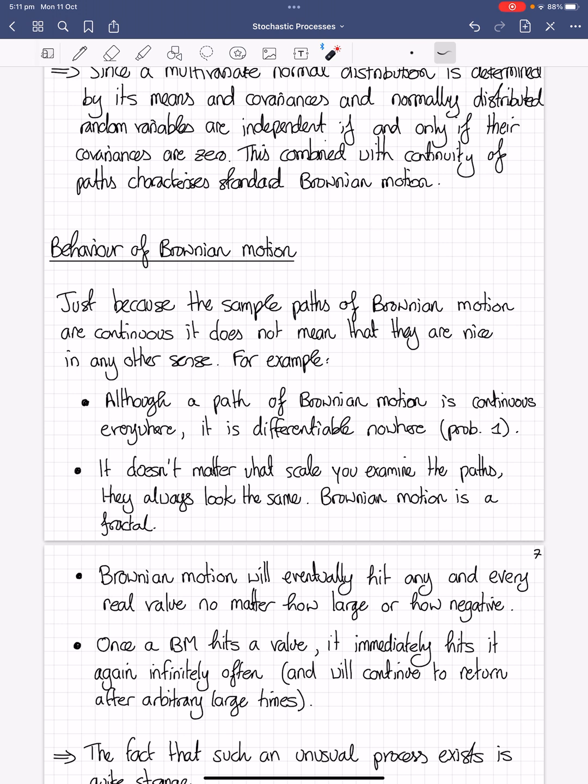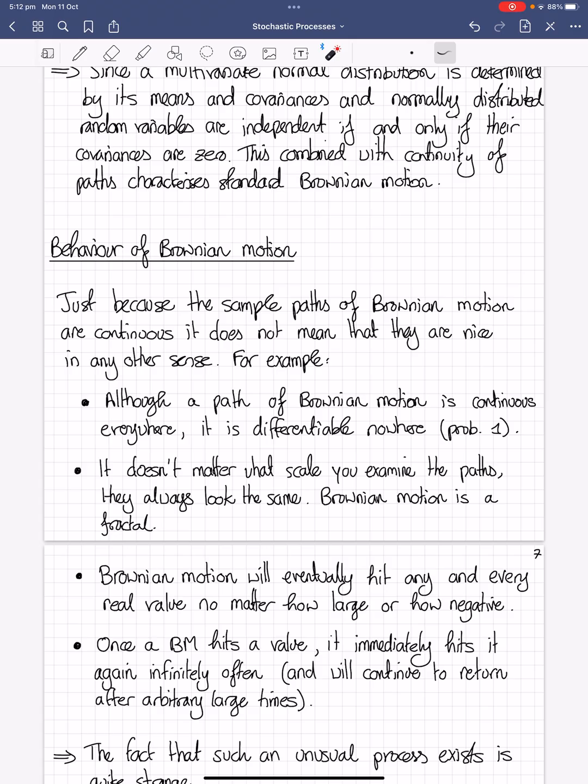The other interesting property is that if you choose any number, the Brownian motion will eventually hit that number, no matter how large or small you choose that number to be. If you wait long enough, the Brownian motion will hit that number.